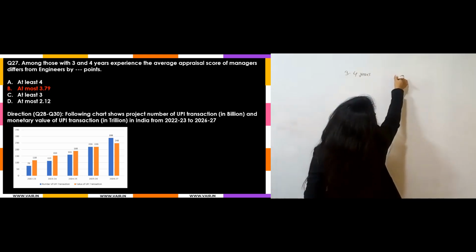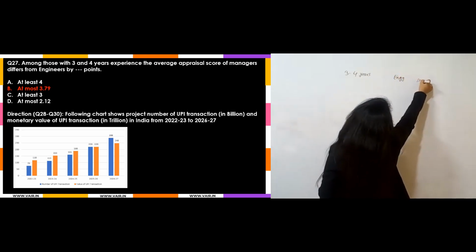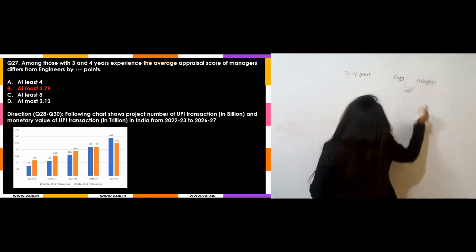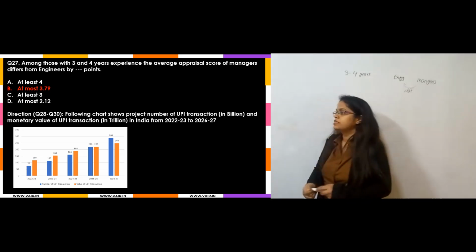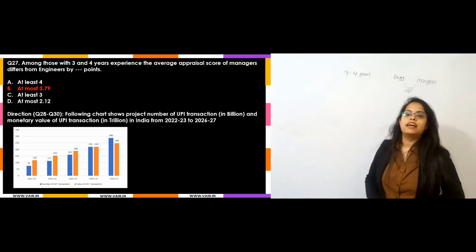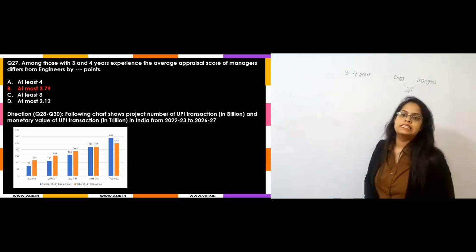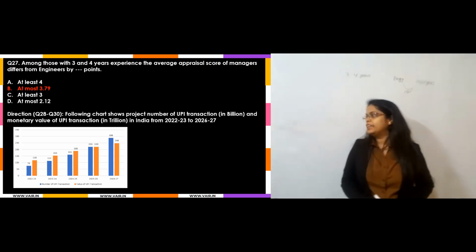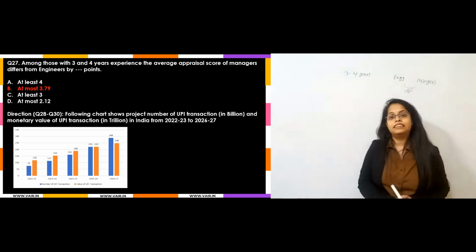Means the difference between the engineers and the managers, I need the difference of both. And you can see the options are at least or at most. At most, that means I have to consider the maximum. So for the maximum, for the 3 and 4 years, I require the difference between manager and engineer.